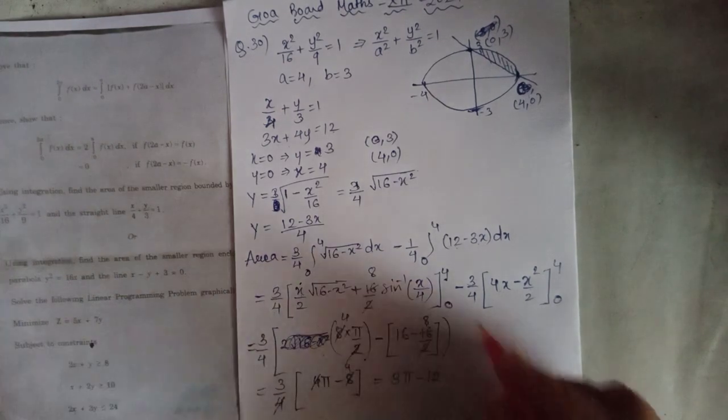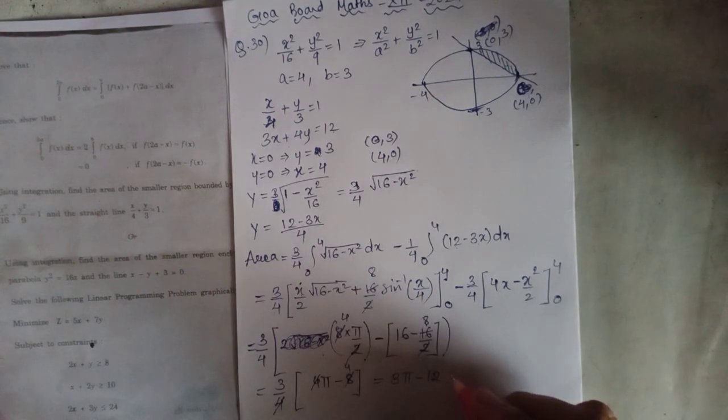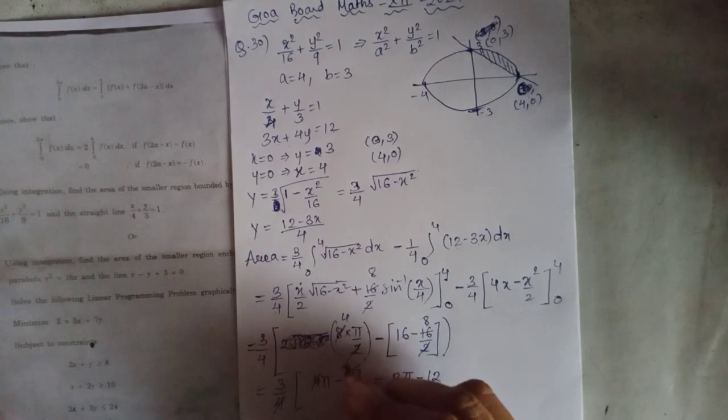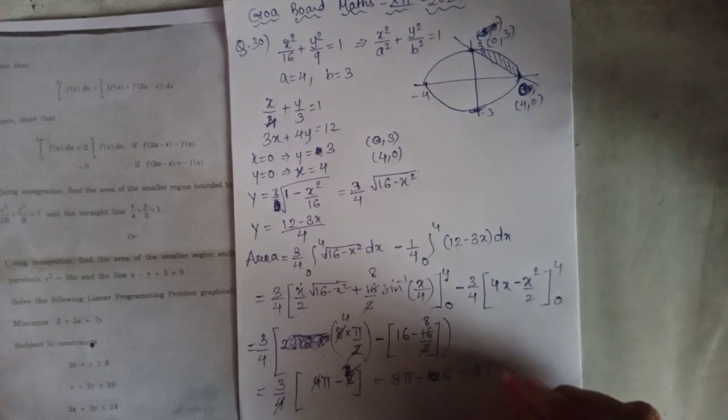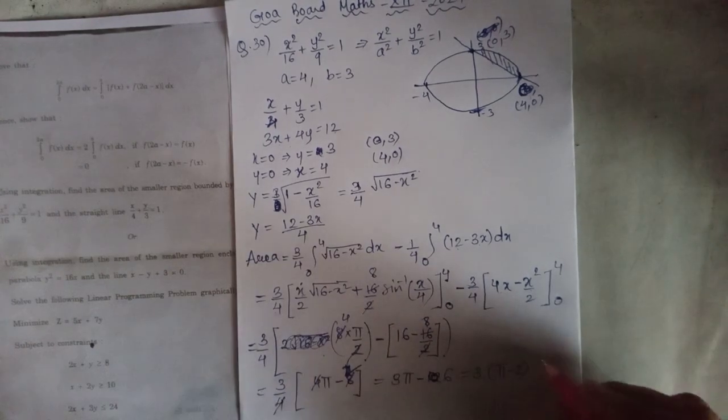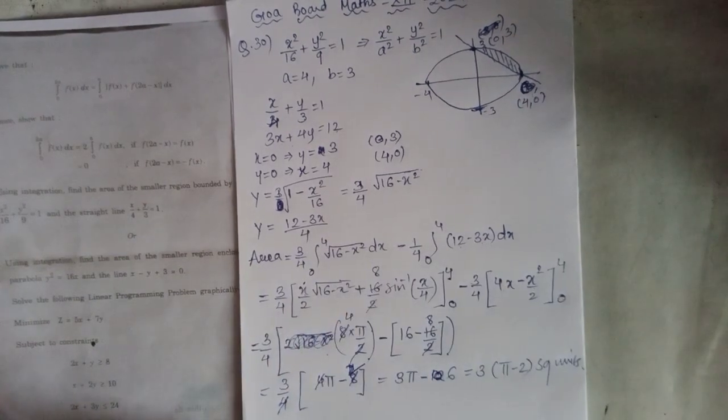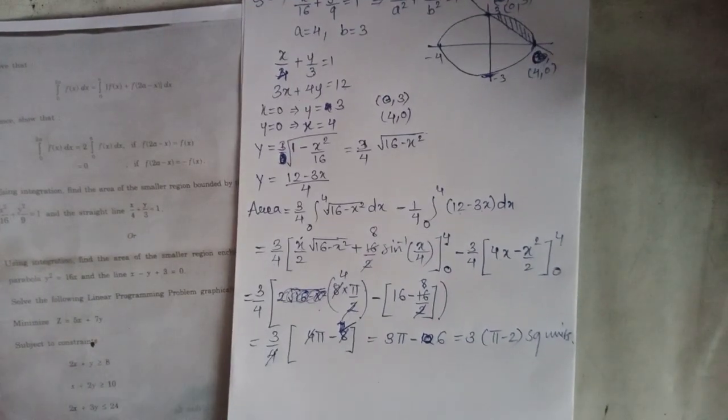This is the answer. 2's 3 are 6, 6. So 3 pi minus 2 square units. Okay.